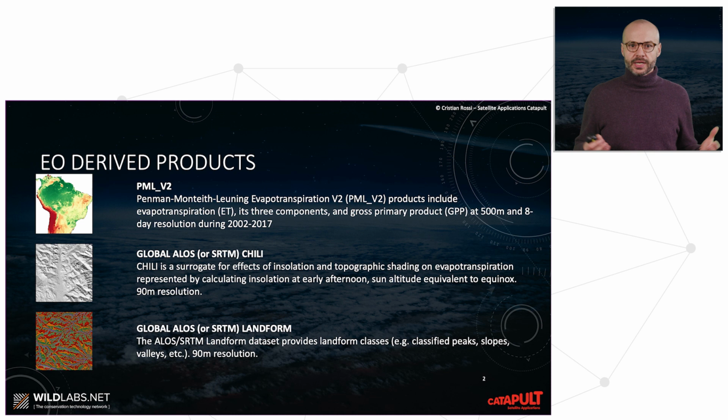So derived products can be relative to vegetation, such as the PMLV2, which includes evapotranspiration product at 500 meters at 8-day resolution, or topography, such as topographical properties such as landform, like classified peaks, slope, valleys, as well as topographical shading and so on from ALOS or SRTM.